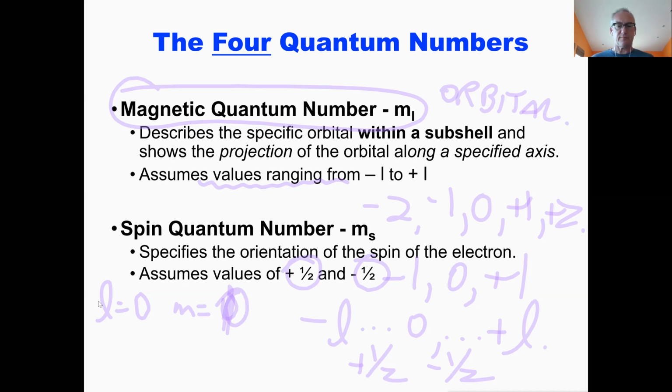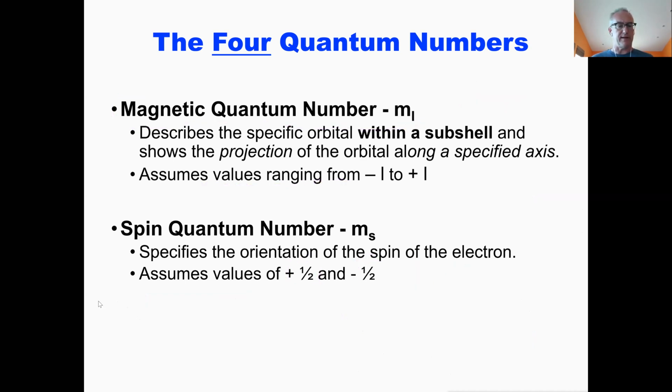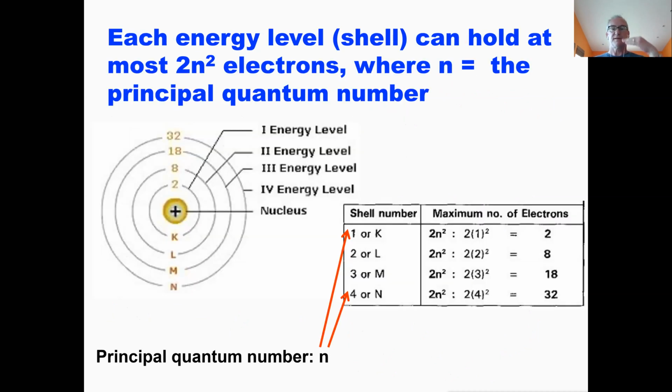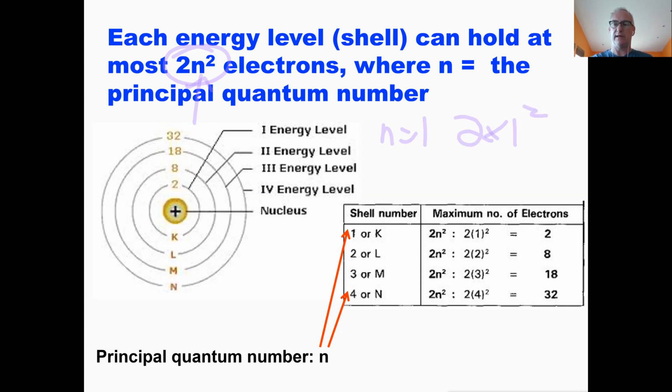Okay? So let's have a look at where these come from, or what these different shapes are. So each shell, remember, as we go further away, the spherical shape, that's the shell, can hold 2 electrons in each orbital, times whatever the shell is squared. So if n equals 1, it can hold 2 times 1 squared equals 2.